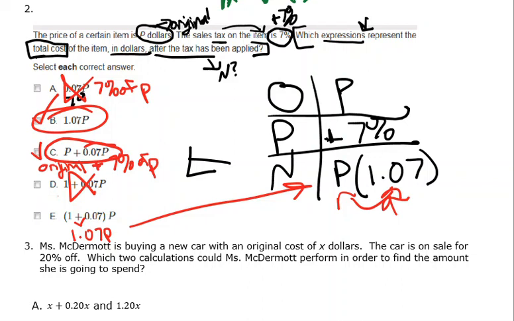And so this is correct as well, because what it's saying is I'm taking my 100% plus my 7%, and the only reason this gets to be 100% plus 7% is because I'm doing it in relation to the P, okay? So E is also one of my correct answers here. Make sure that you have B, C, and E circled. Make sure that you have your OPN. Make sure that you have your labels before you move on that look just like mine.